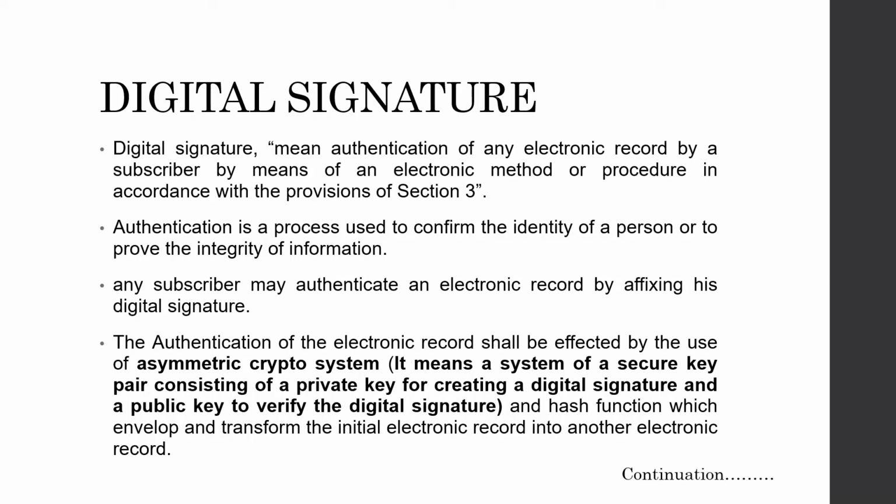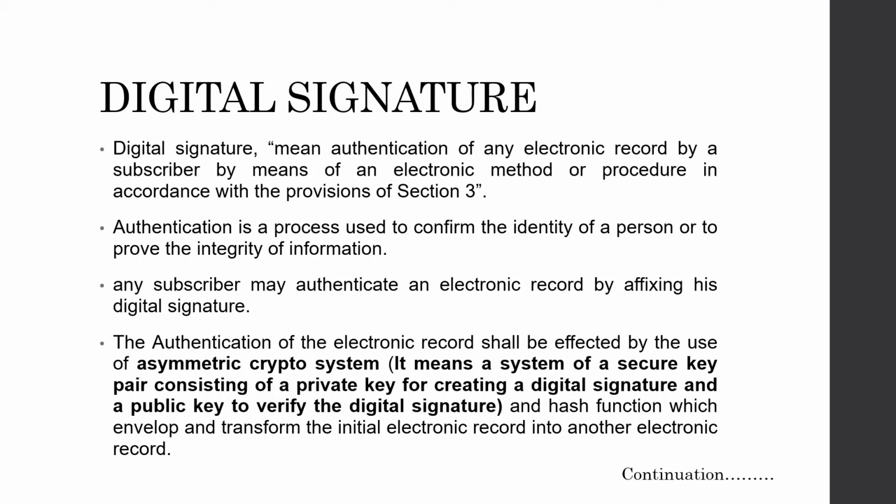So that is known as authentication. How will they do it? They are going to confirm the identity of that person, and also they are going to prove the integrity of the information, meaning whether the information is authentic or not. This IT Act is also going to prove such integrity of information.